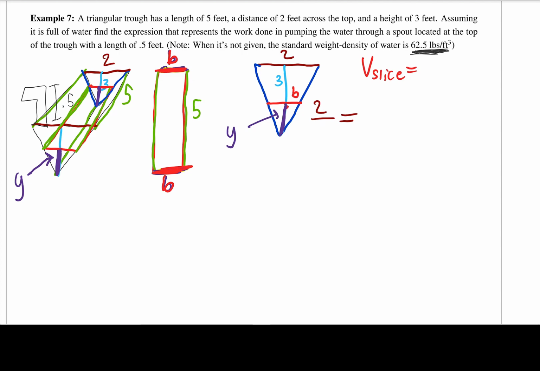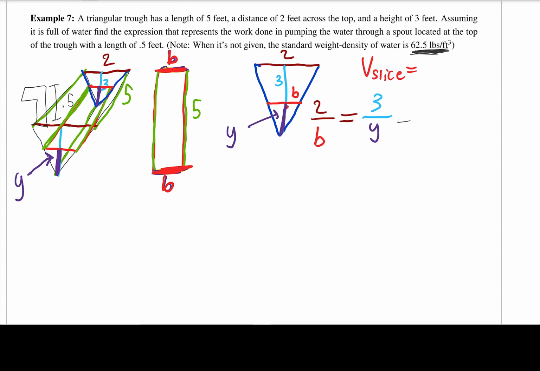That's 2 from the maroon piece. b is the red piece in this triangle. This is going to be equal to 3, the overall height, over y, which is this small height in our smaller triangle.